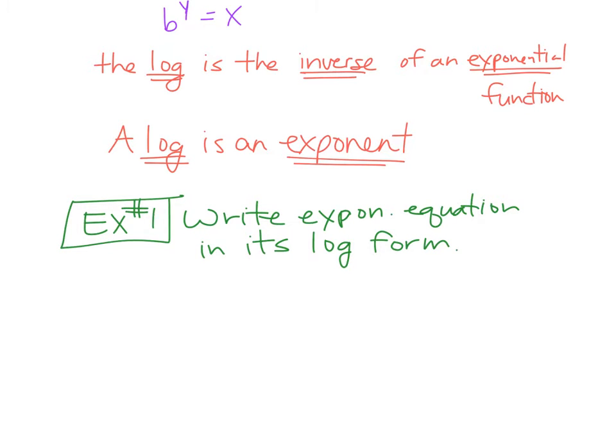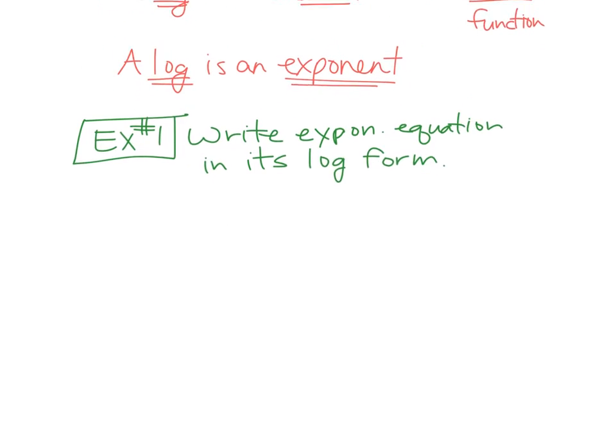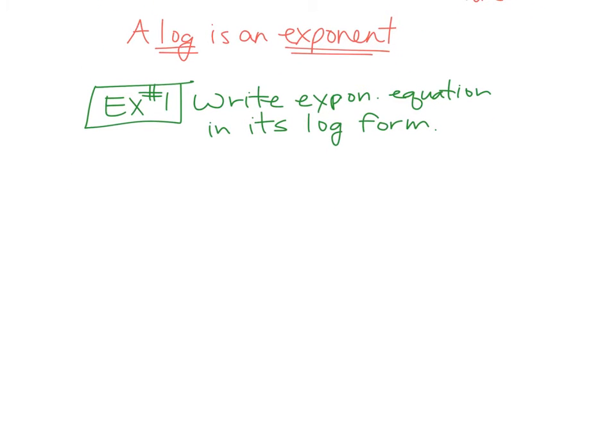Okay, and you don't necessarily need to rewrite this right now, but I just want you to see what I wrote up top as we do these so we have something to refer back to. So just remember this. When we have log base b of x equal to y, that b to the y is equal to x, okay?